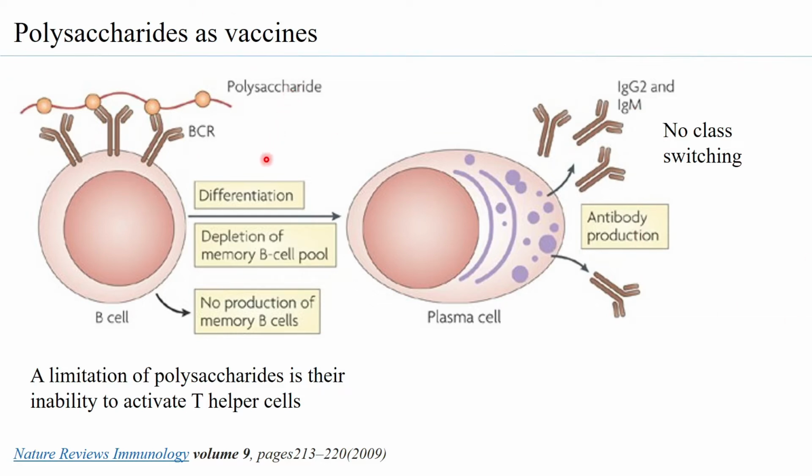So this is an observation, and therefore, although the immunogenicity is there, it does not have the power to develop immunologic memory, and that is something that is not good if you consider a vaccine per se. You need a vaccine which is going to create an immunologic memory. So therefore, there is a solution to that that has been found.